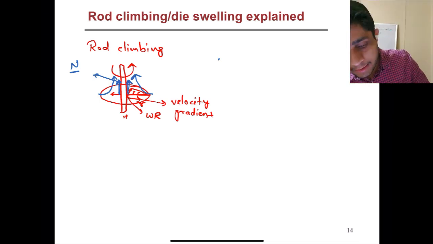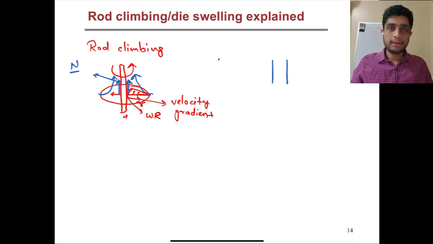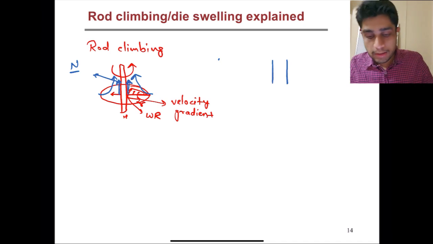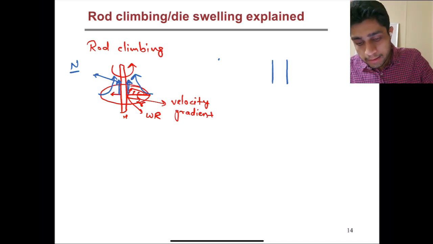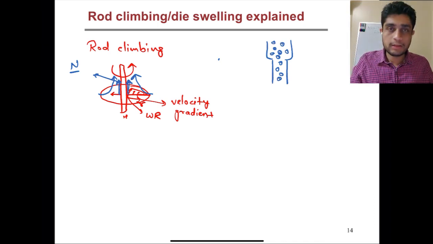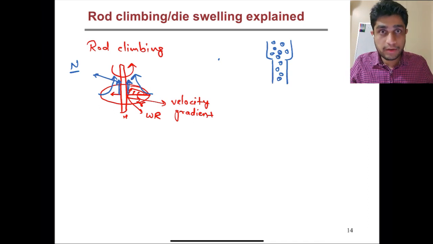On the other hand, if you look at die swelling, as I mentioned, die swelling is typically observed for polymeric solutions. When the polymeric solution is inside the syringe, the polymers are usually coiled, in a compact microstructure.